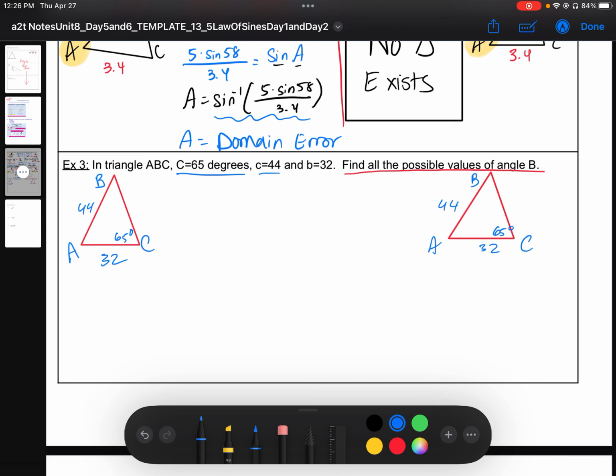Okay, so which angle would I try to find? Well, I would try to find B. That's across from the only other side that I know. Okay, pause and try to set this up on your own.